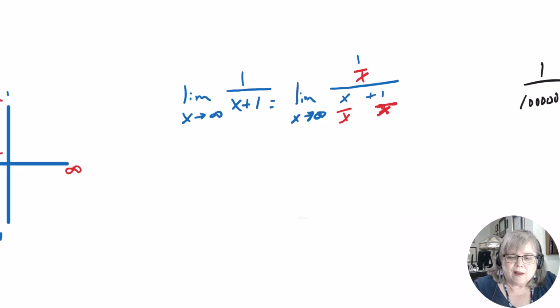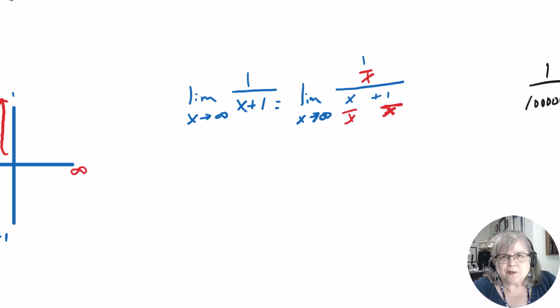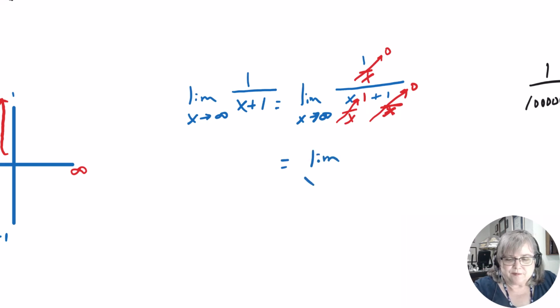Remember, this is going to infinity, so it's not like it's going to 4 or 40. This is going off to 400, 4,000, a million. So this is 1 divided by a huge number. This is going to go to 0, right? X over x, anything over itself, is 1. And 1 over x is going to go to 0 because you're dividing 1 by a huge number. So what you have is the limit as x goes to infinity of 0 over 1 plus 0, so this is 0.